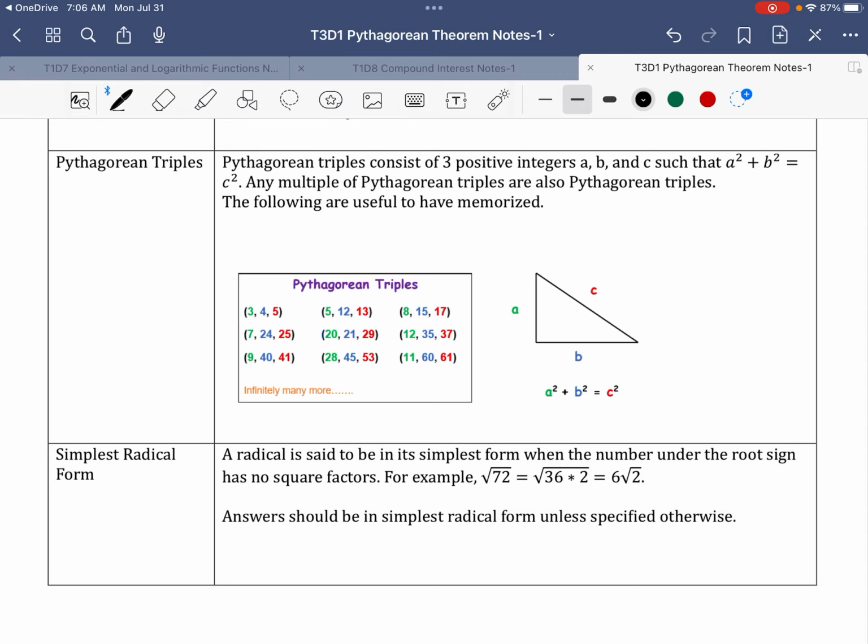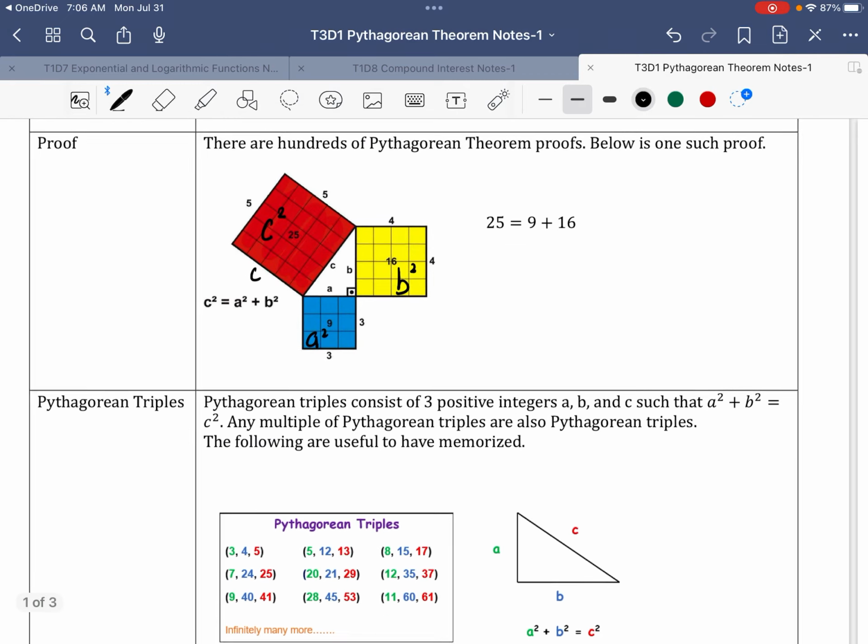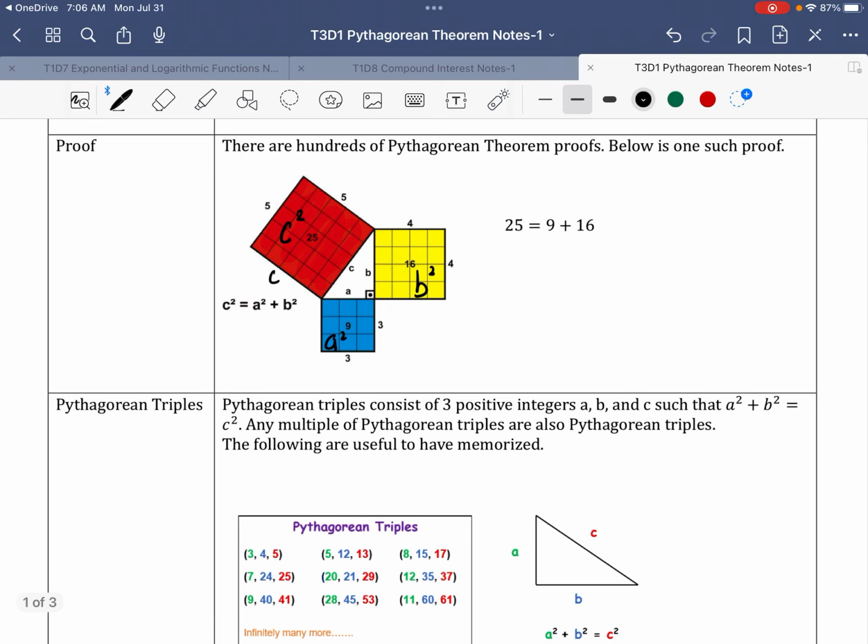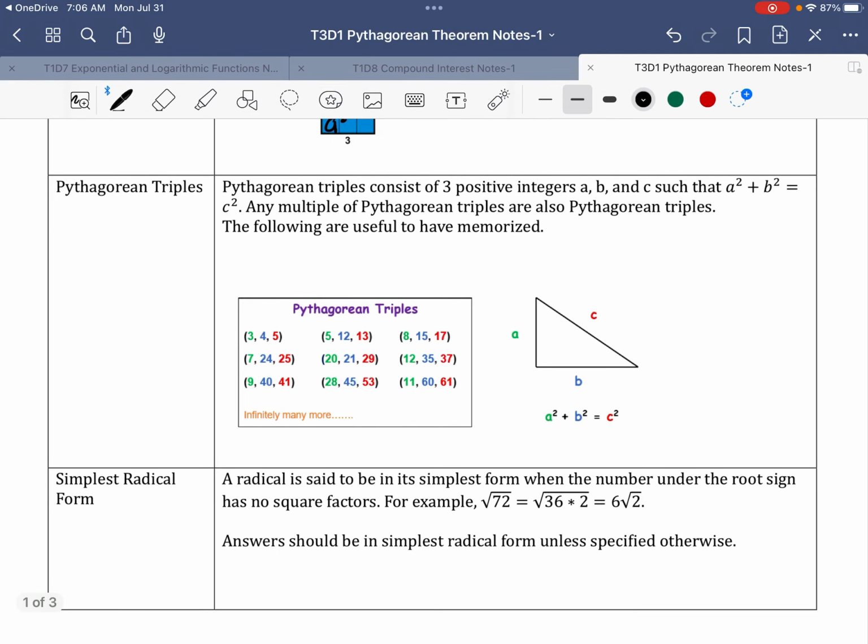The most common of which is 3, 4, and 5. So if you look at our proof from above, our sides were 3, 4, and 5, and they were all whole numbers, which makes them Pythagorean triples. But what's cool is that if I multiply 3, 4, and 5 by 2, then I get 6, 8, and 10. And what's really cool is that 6, 8, 10 is also a Pythagorean triple.